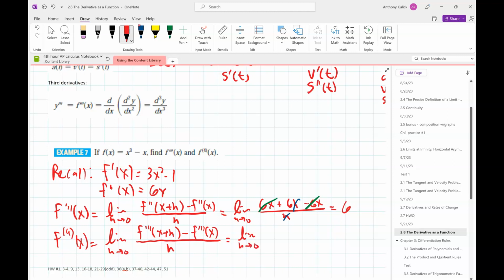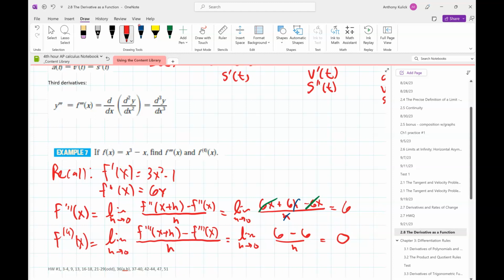What is f triple prime of x plus h? 6. And what's f triple prime of x? 6. So what am I getting? And any derivative after this, the fifth derivative, sixth derivative, seventh derivative, are all going to be just zeros.